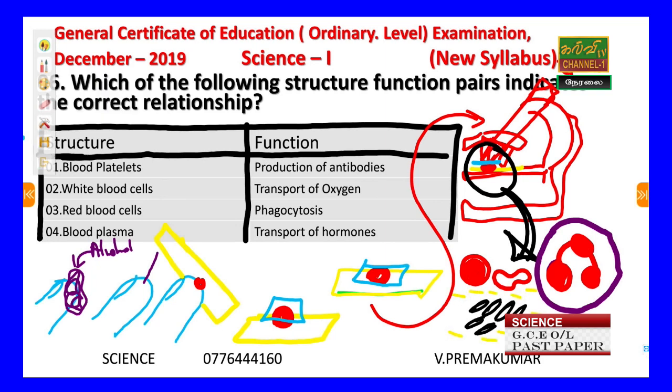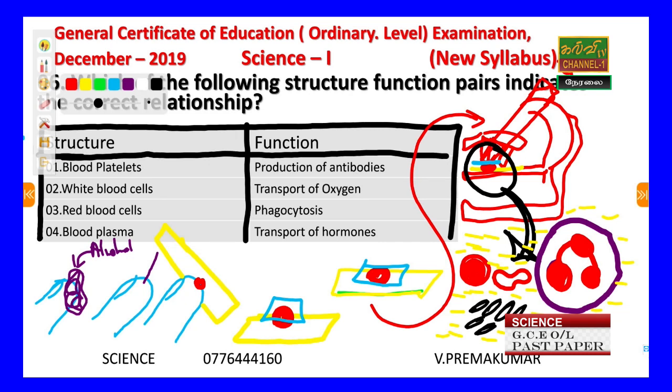In our specimens, the light yellow colored liquid between the cells is called blood plasma.